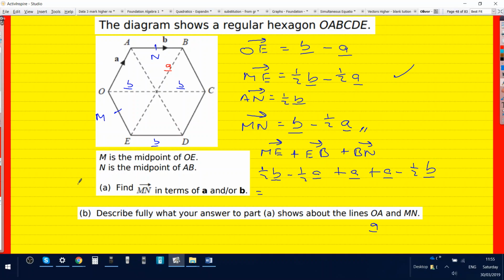We end up with no B's, and you just get 3. No, wait, that's 2. 4 over 2, which is just 2A.